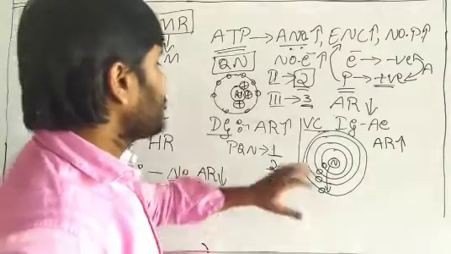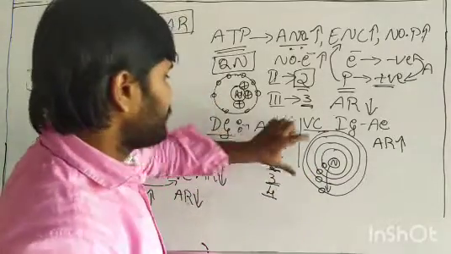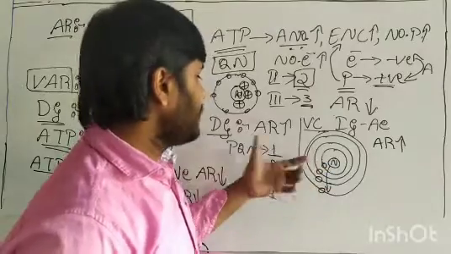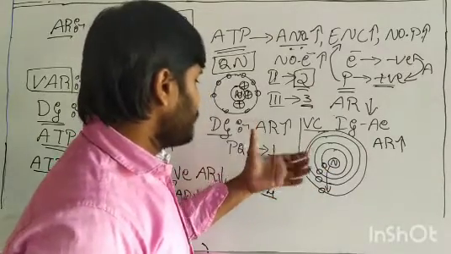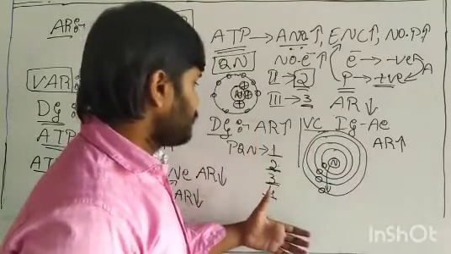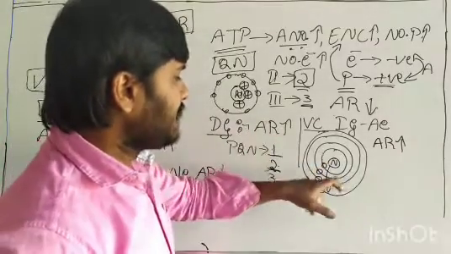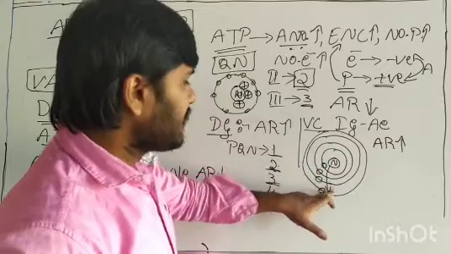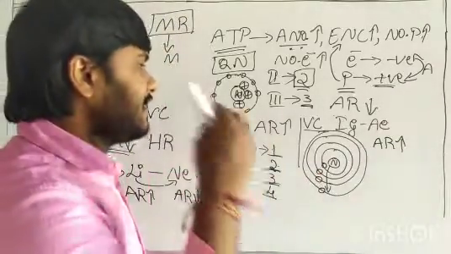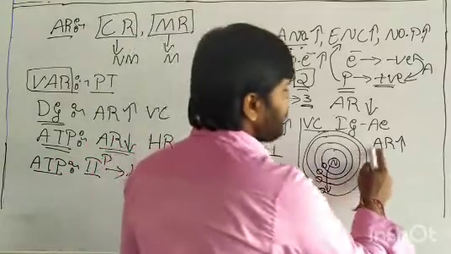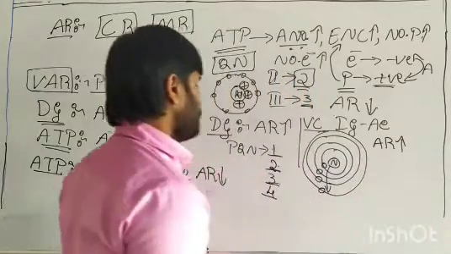Did you get this, guys? Down the group, an extra orbit is added when you move from the second period to the third period, and so on. An extra orbit means the distance from the nucleus to the outer orbit is increasing, so obviously atomic radius increases.